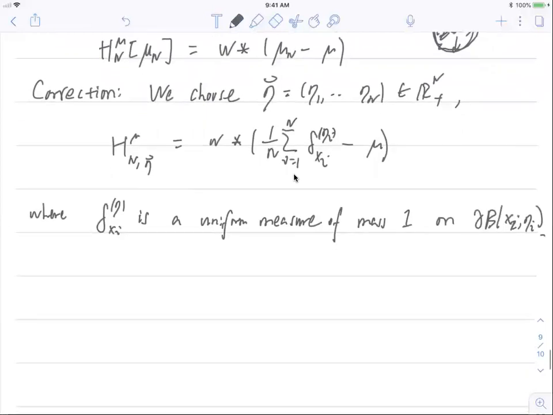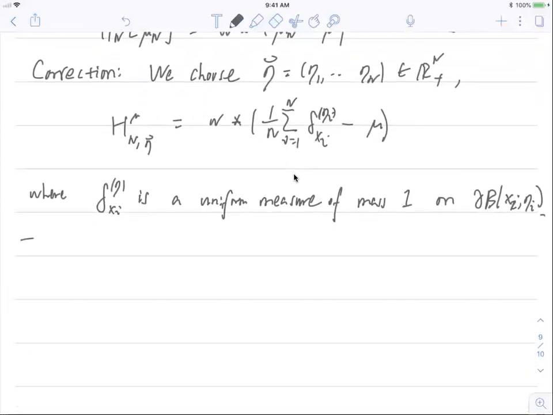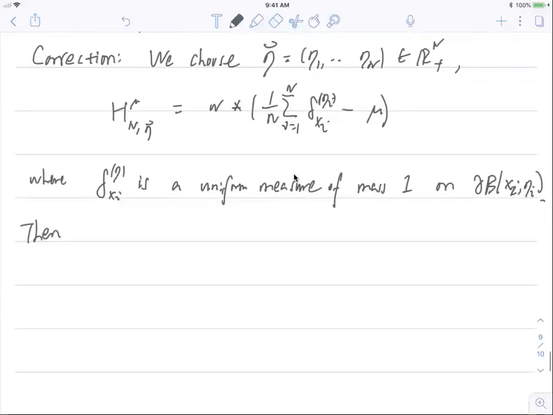Okay, so now we can reinsert the diagonal terms.